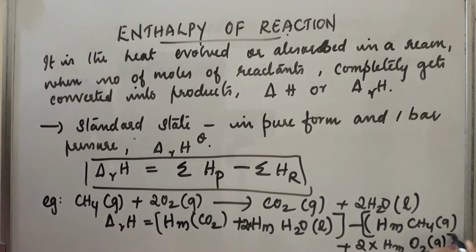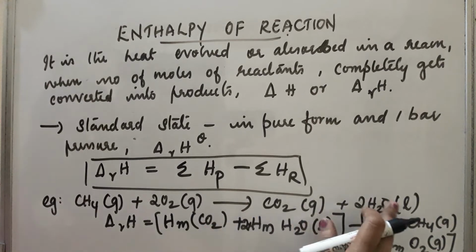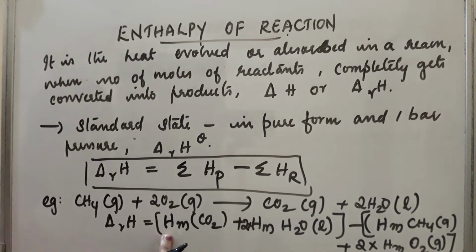This will be the delta H of R. So, delta H of reaction is the sum of enthalpies of products minus the sum of enthalpies of reactants. Here, molar Hm represents molar enthalpy.